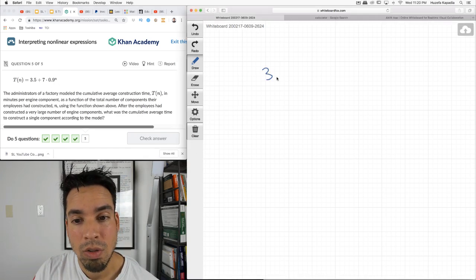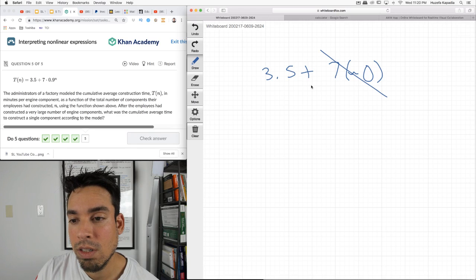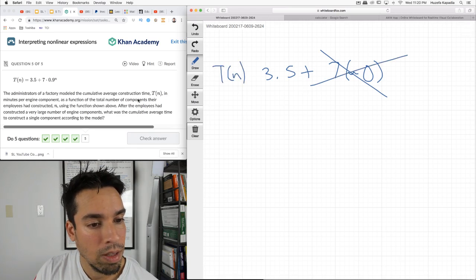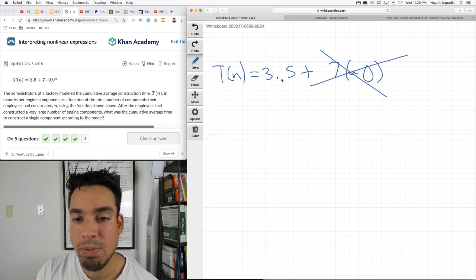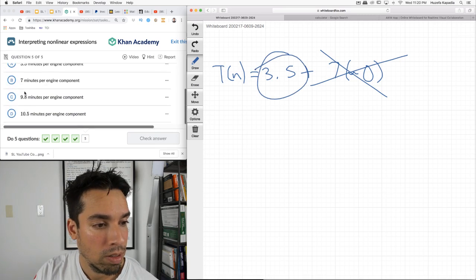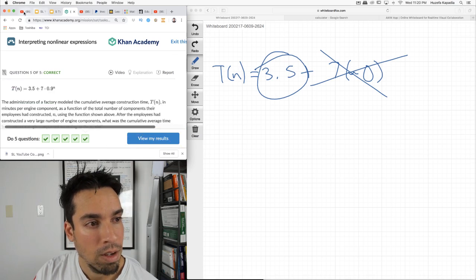So it's going to be 3.5 plus 7 times approximately 0, which means that this is going to go away, which means that the time, and this is the cumulative average time, sorry, so I was off before, is just going to go to 3.5. Pretty sure that's right.